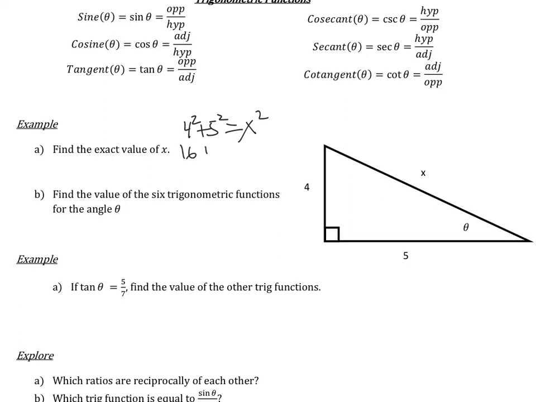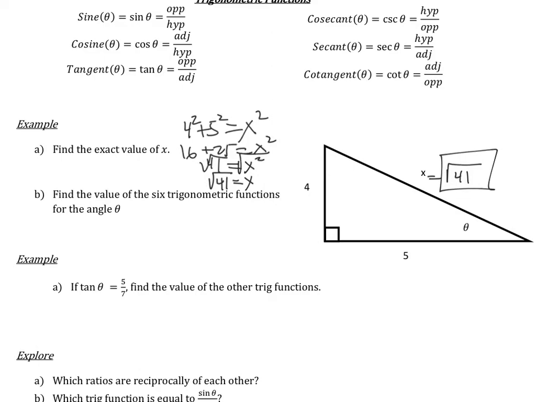Not quite, because x is the hypotenuse. So that's going to be 41. And if we square root that, we get the square root of 41 equals x. So x is the square root of 41. So let's find the value of the 6 trig functions here for this angle.